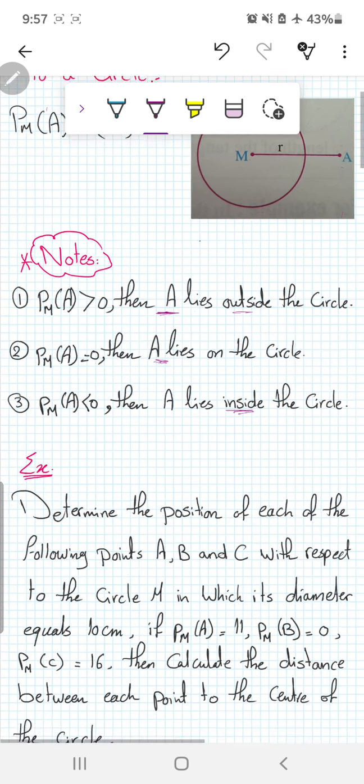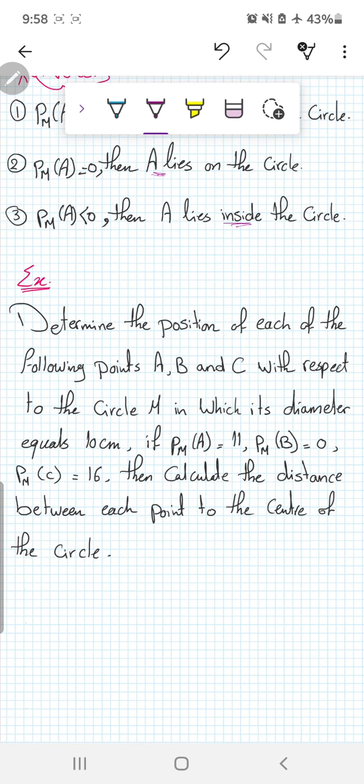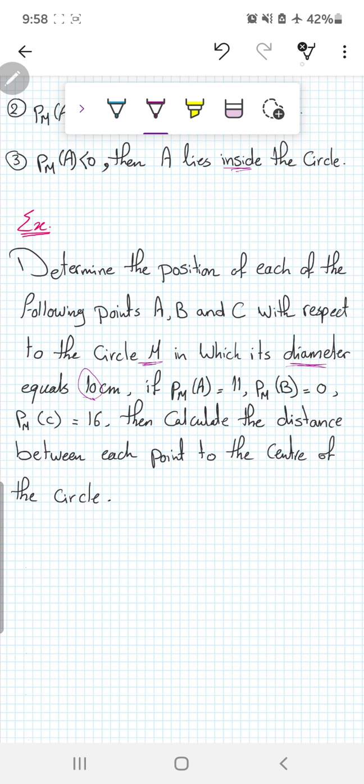Okay, we have an example. Determine the position of each of the following points A, B, and C with respect to the circle M, where the diameter equals 10 centimeters.